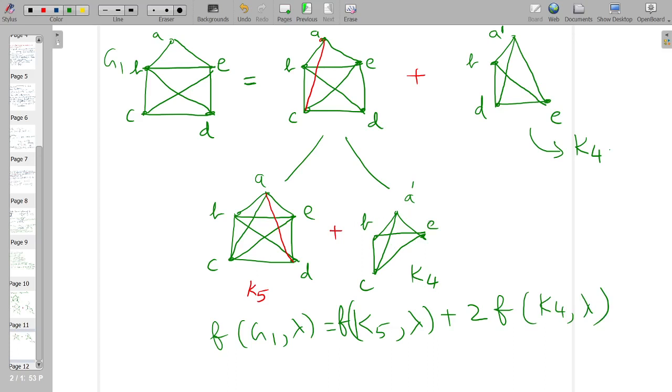Okay, so now you can see here f of G1 comma lambda would be f of K5 comma lambda plus 2 times f of K4 comma lambda. Here I have 2 K4s, so the sum of the chromatic polynomials of K4 along with the chromatic polynomial of K5 will give you the chromatic polynomial f of G1 comma lambda.